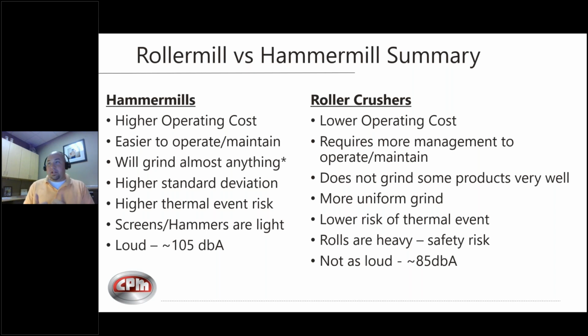If you get some foreign material in there, maybe a piece of stainless that doesn't get caught by a magnet, that piece of metal is going to bounce around and get hit by the hammer until it can get itself out through the screens, which unfortunately can sometimes create an ignition source. And depending on what you're grinding, you may have combustible dust in there, and it can create an unfortunate event. Whereas with a roll crusher, the rolls are not turning as fast, so you have slower moving components.